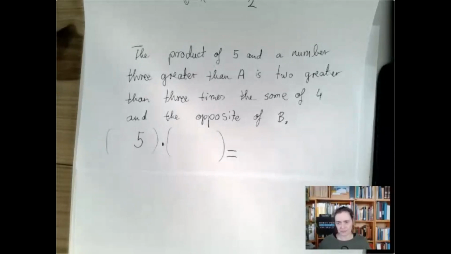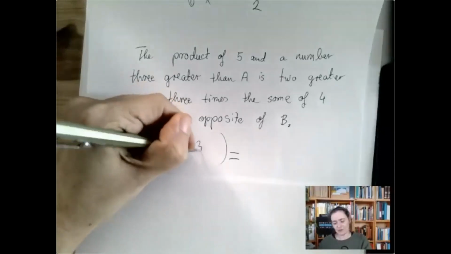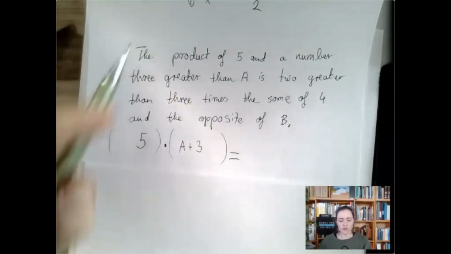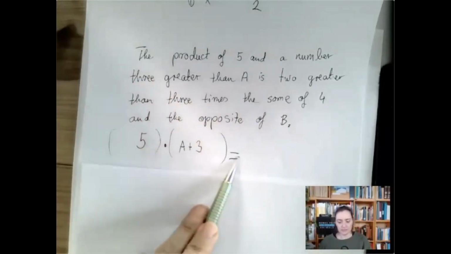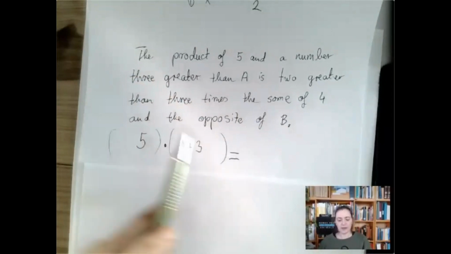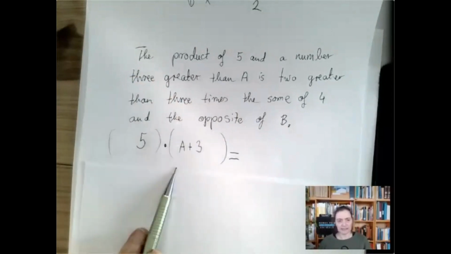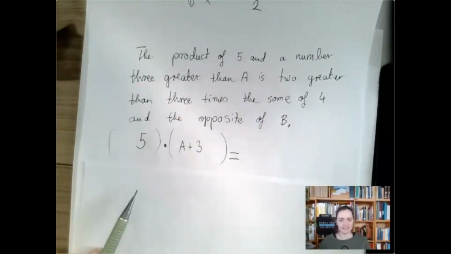Number 3 greater than a. I think you're just not taking pity on me, but that's okay. I'm going to write your exam, so feel free to make me as angry as you can. I didn't write your exam yet. So, all right. Until the word is, which stands for the equal sign, we say the product of 5 and a number 3 greater than a. There's no way to interpret this in any other way.